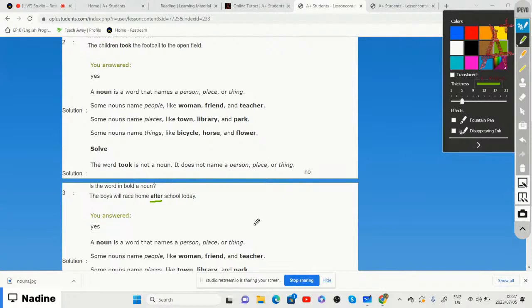All right, so if you said no, then that is correct, right? Because after is not a noun. It does not name a person, a place, or a thing. So well done to those who said no, it is not a noun.